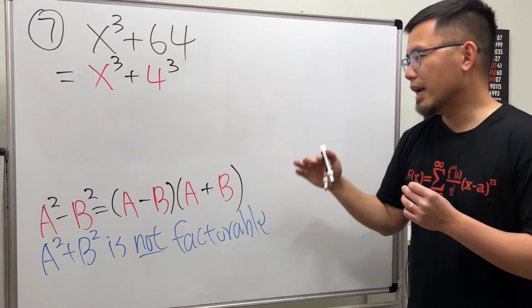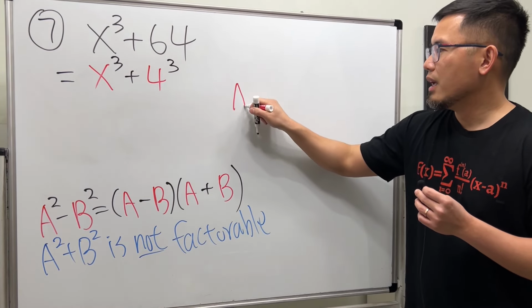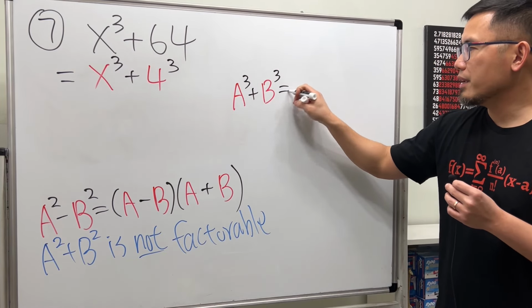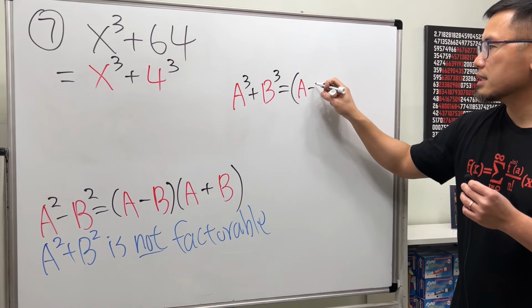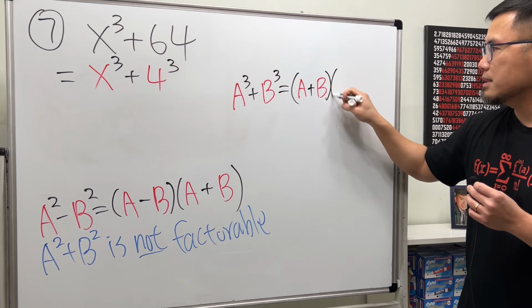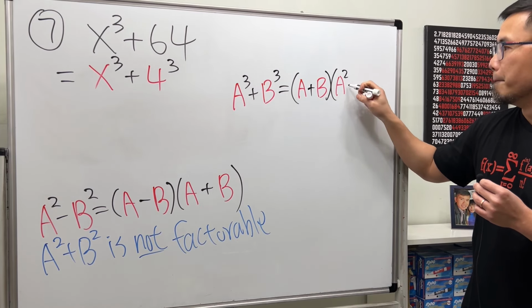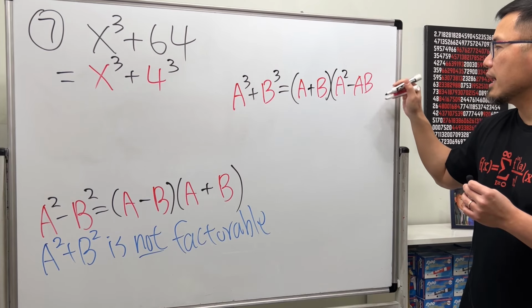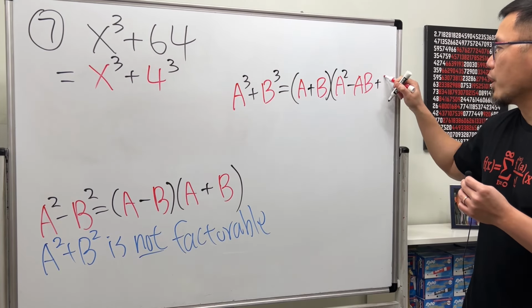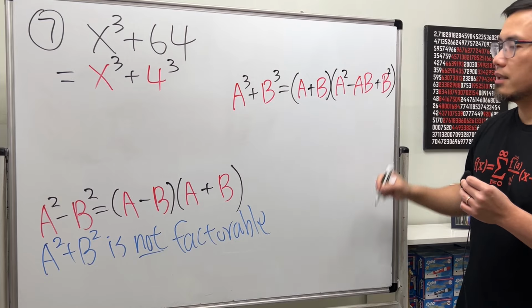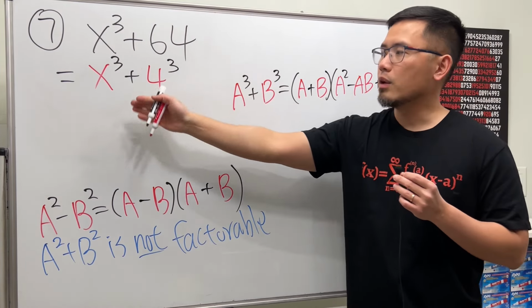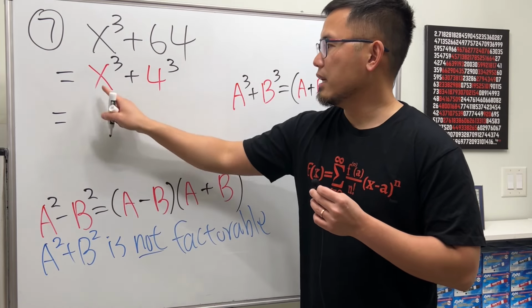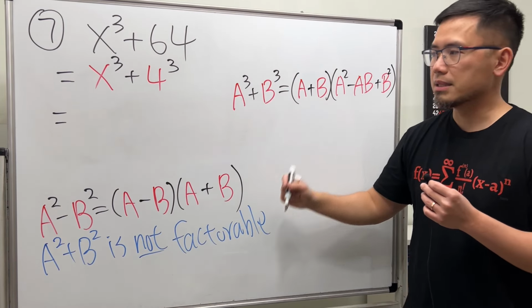This is factorable, and we use the formula right here: a to the third power plus b to the third power equals a plus b times a squared minus this times that, so here we have ab, and lastly we add b squared. So in fact for this one, we can proceed because again we have the third power. So we will first get x plus 4 because that's a plus b.